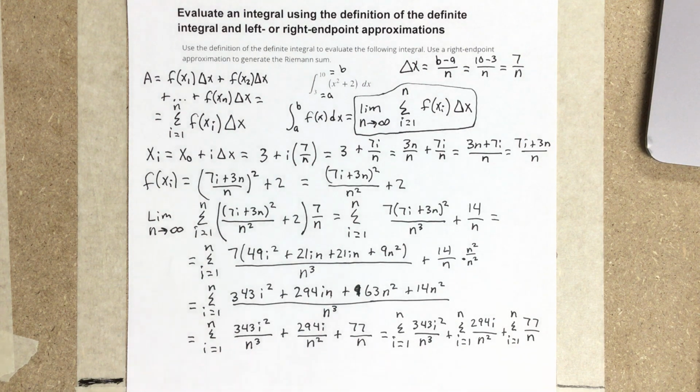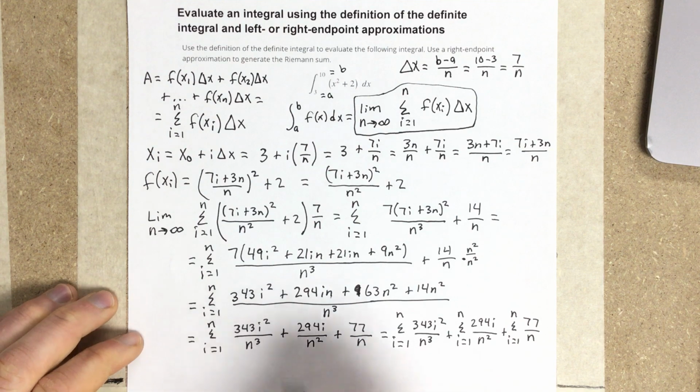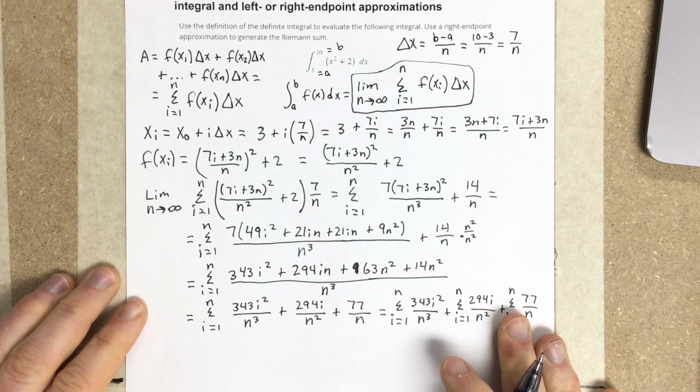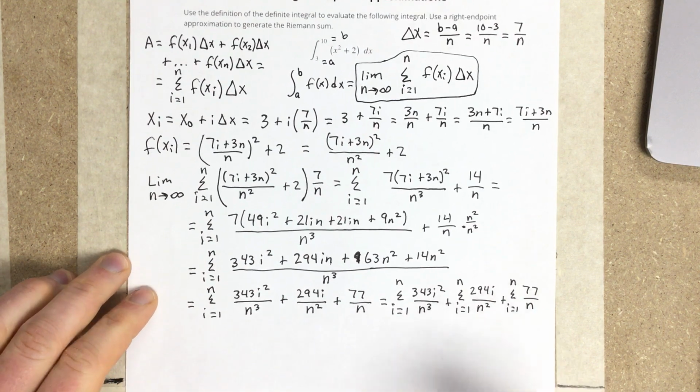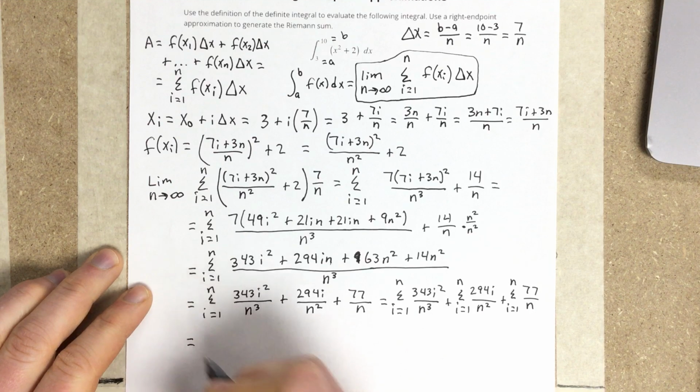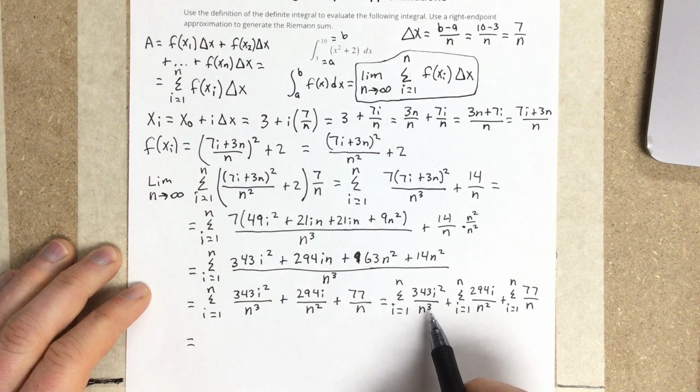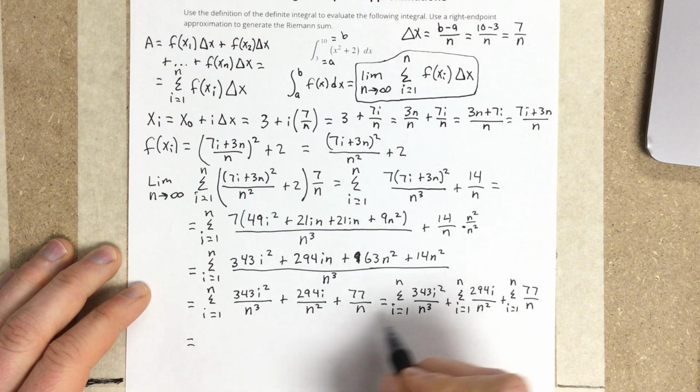And then I'm going to factor some things out. So all this is going to be equal to, let's factor out everything except for i squared. The reason I'm going to do that, I'll show you in just a second.